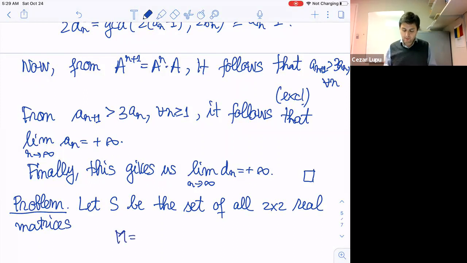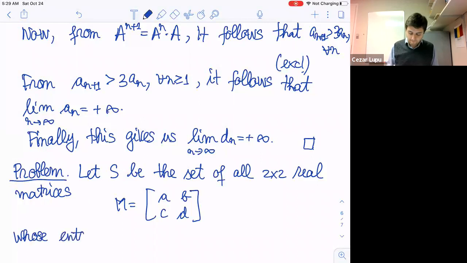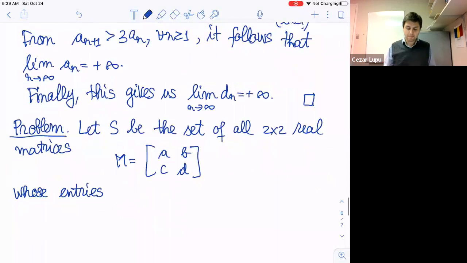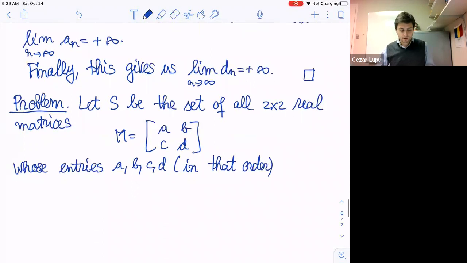So M will look like this: a, b, c, d, whose entries a, b, c, d in that order form an arithmetic progression.